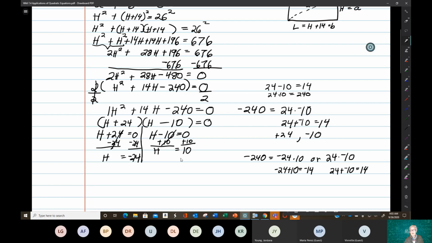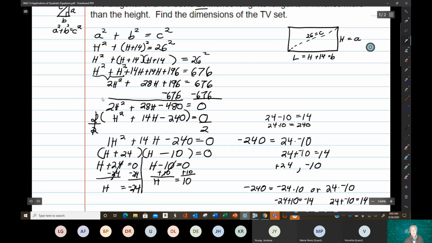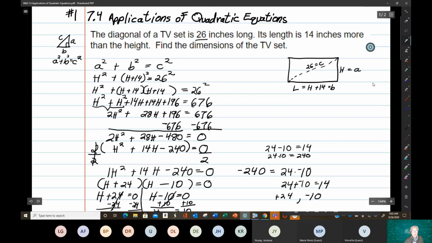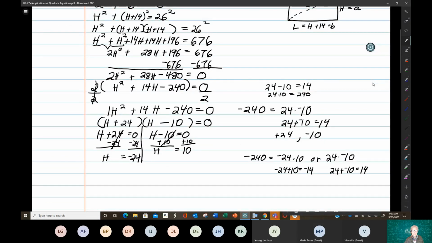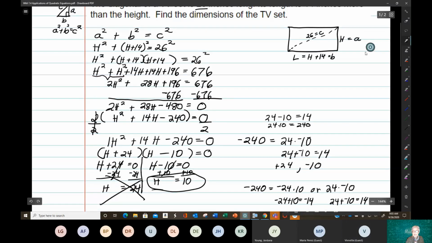We're dealing with the lengths of the side of a television set. There's no possibility we could have negative 24 inches. There's no such thing. So I mark out negative 24. We're going to go with the positive h equals 10. So the height of this television set is going to be 10 inches.